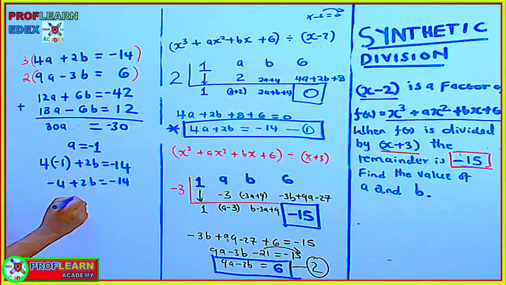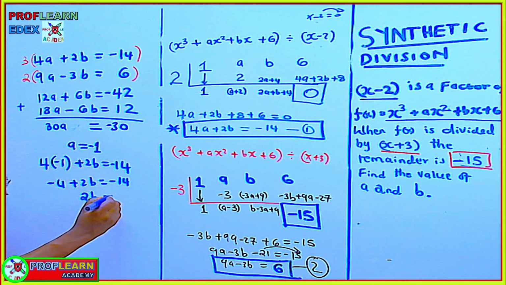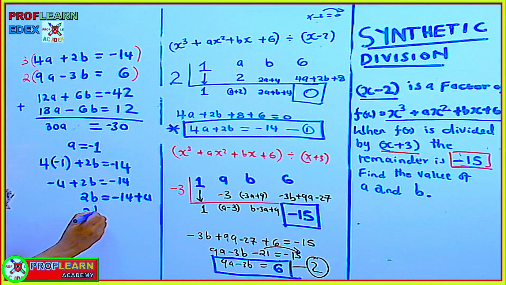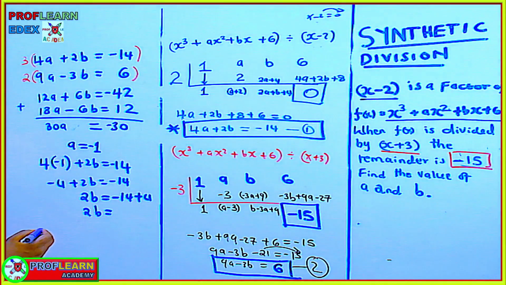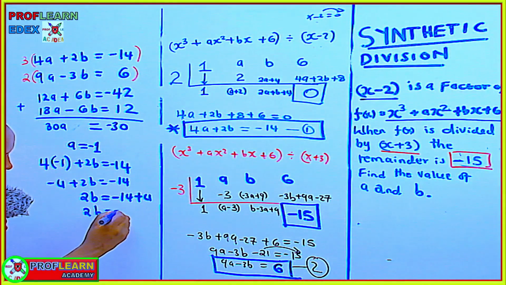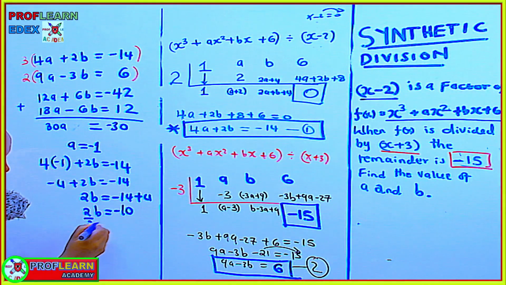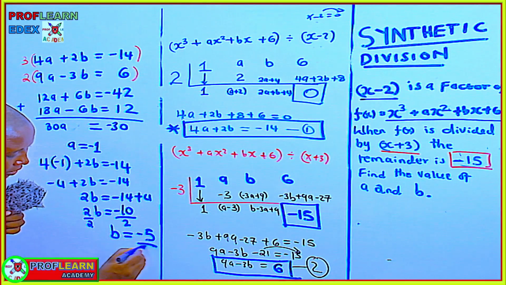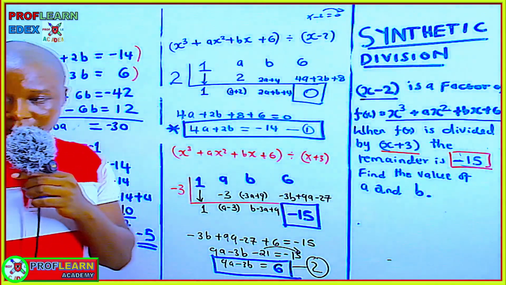Then if I take this on the other side, 2b is equals to -14 plus 4, and 2b is going to translate to -10, divided by 2. Our b is going to be equal to -5 as the final answer to this.